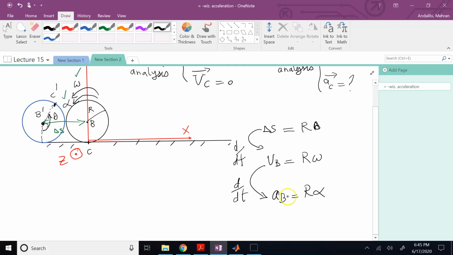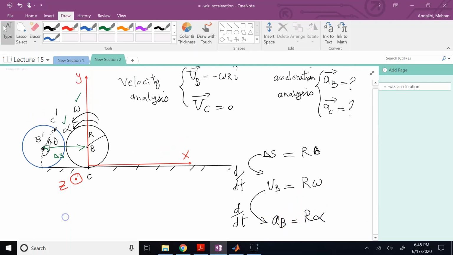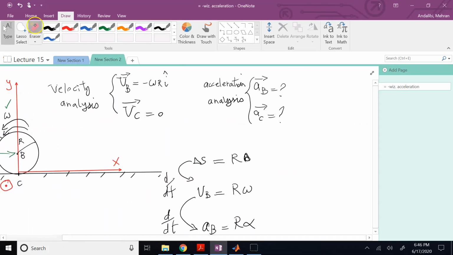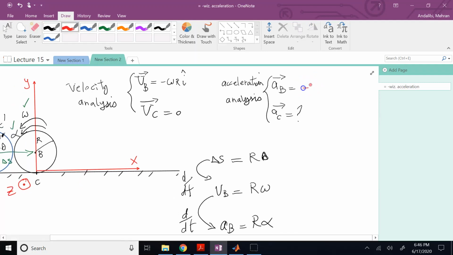R times omega dot, which is r alpha. So A of point B is r times alpha, and like V of B, it is to the left, so I can go ahead and directly answer the first question. A of the centroid is going to be negative r times alpha I.